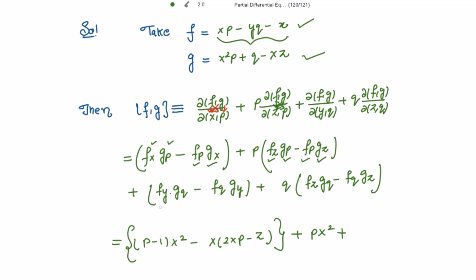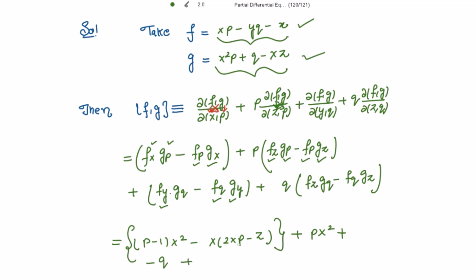Plus fy, we get minus q, into gq, we get 1, minus fq, we have minus y, times gy. There is no y over here, so this is 0. So we are having only minus q.